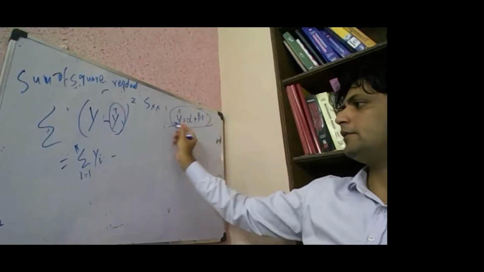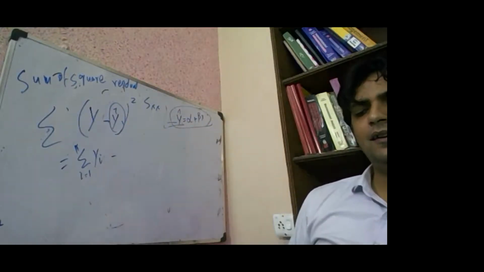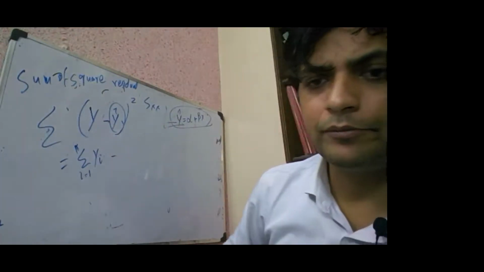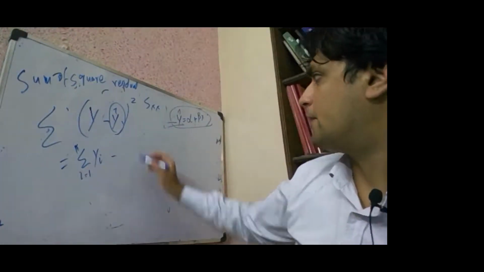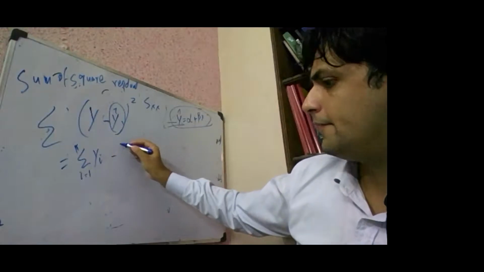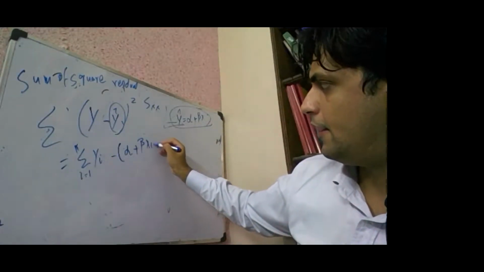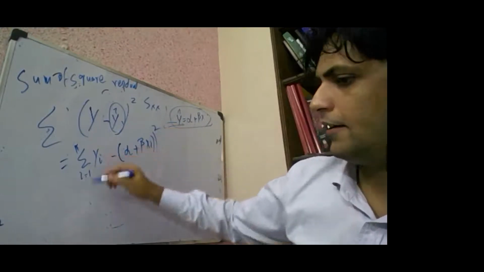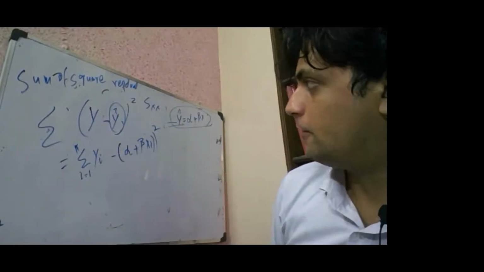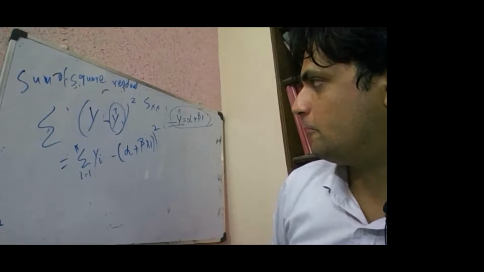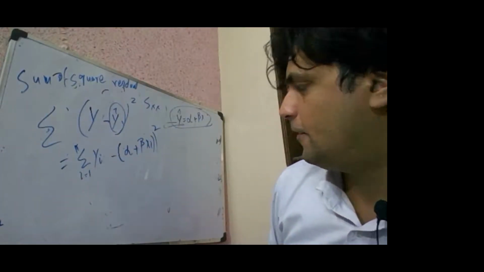So just substitute this value here. We simply get the sum of yi minus alpha plus beta xi, all squared, because there's a square above that. So we put y inside it.